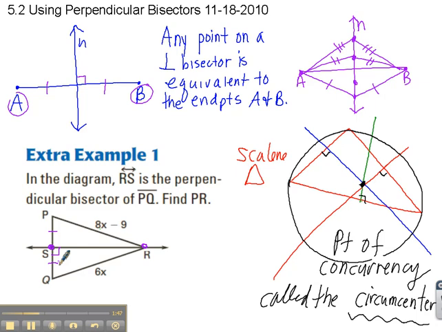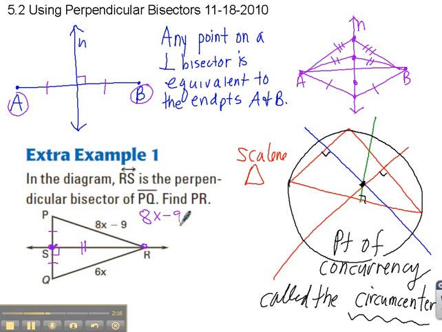So given that, SR is congruent to SR because of the reflexive property. So we have two triangles that are congruent by side, angle, side. If these two triangles are congruent, then PR is congruent to QR by corresponding parts. So we can say that the two line segments are congruent.